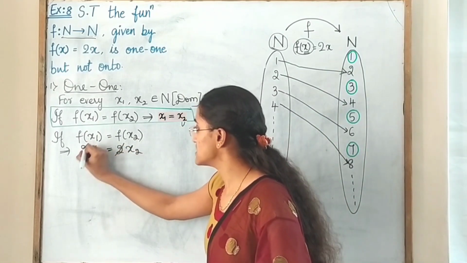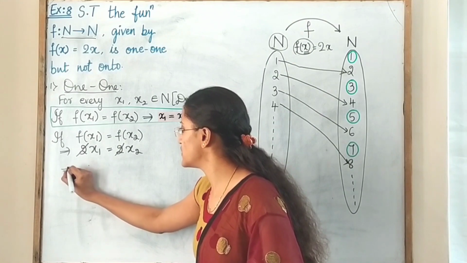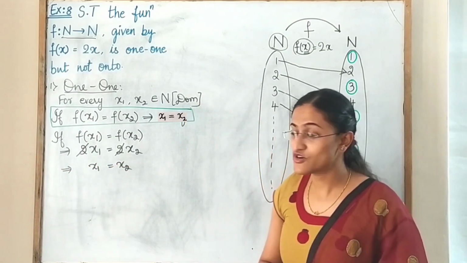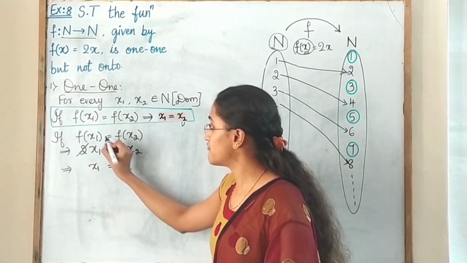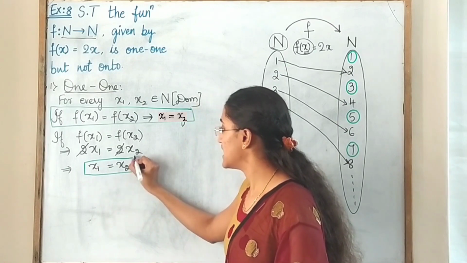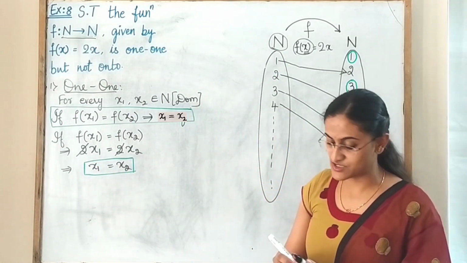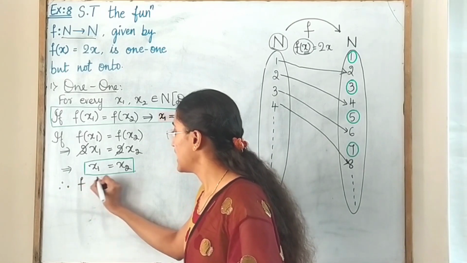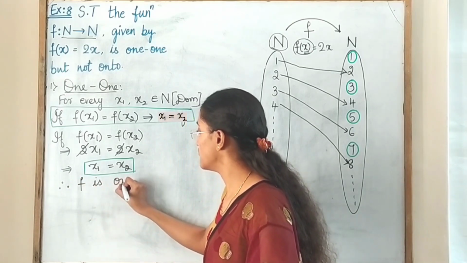You can cancel 2 and you'll be left with x1 is equal to x2, and hence you have proved that if f of x1 is equal to f of x2, then this implies that x1 is equal to x2. We have proved that, and hence you can conclude therefore f is one-one function.